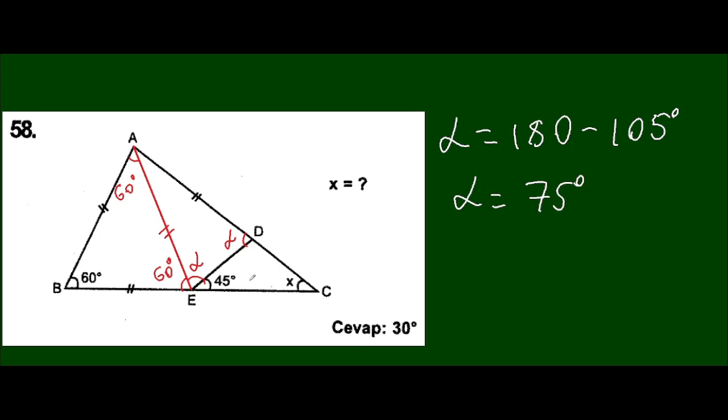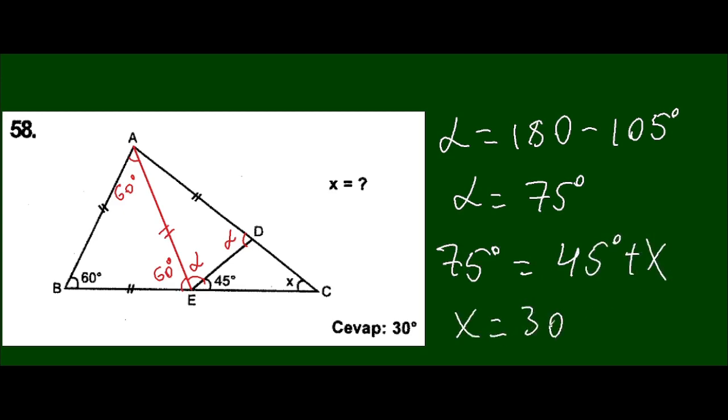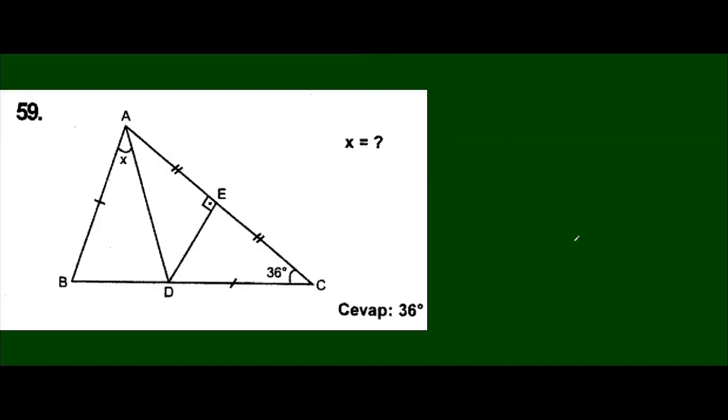And again, the key point is that 45 plus x has to give us alpha. So 75 degrees, this is alpha, has to equal 45 degrees plus x. And here x will be 30 degrees. And I believe that this is the correct answer. Yes, it's correct. So let's move on.